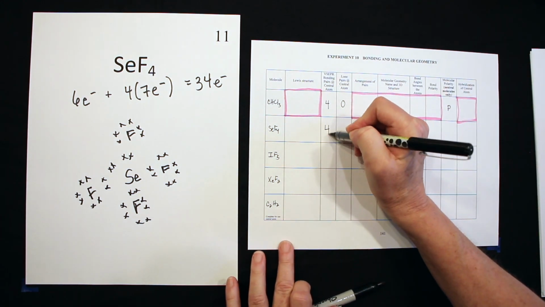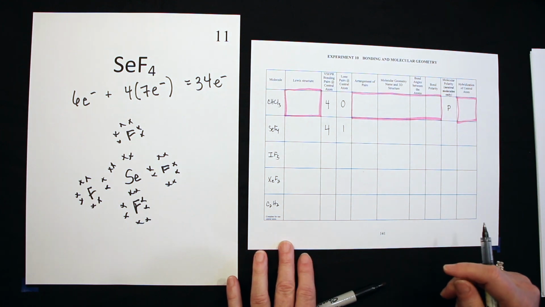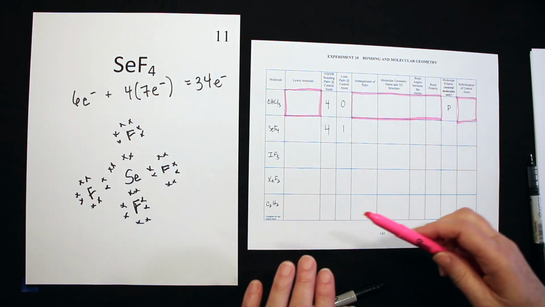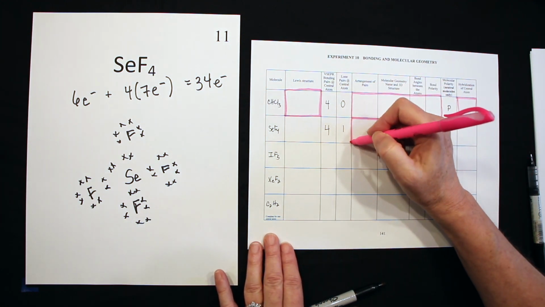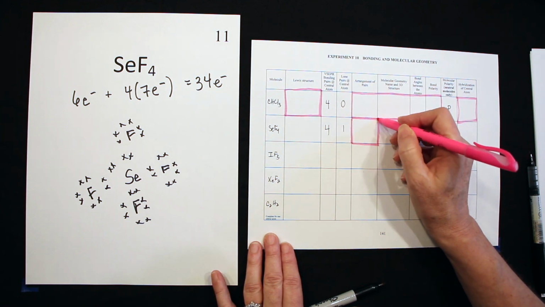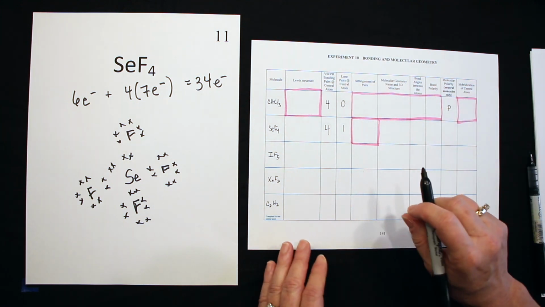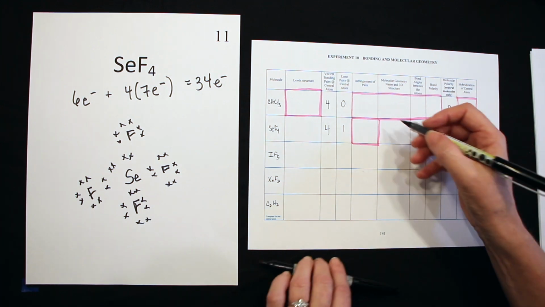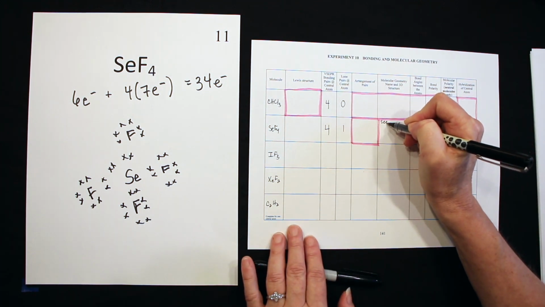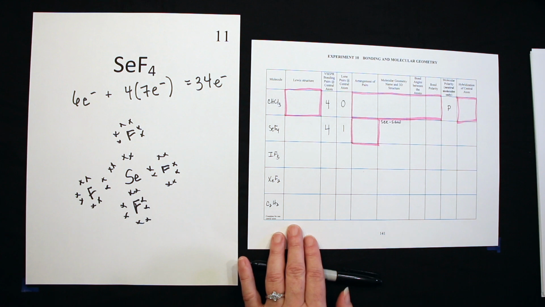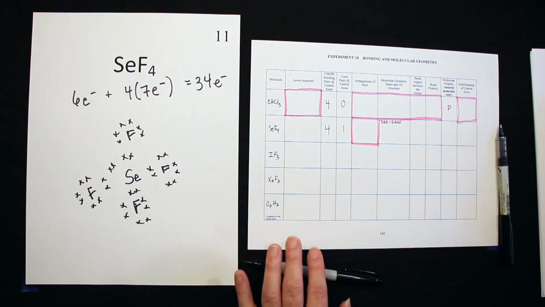This is a 4 and 1, and I will let you figure out what the arrangement of pairs is. This is a seesaw geometry, so let's build that.